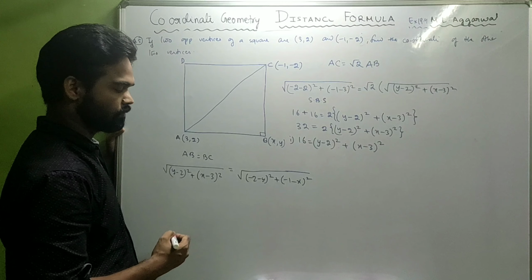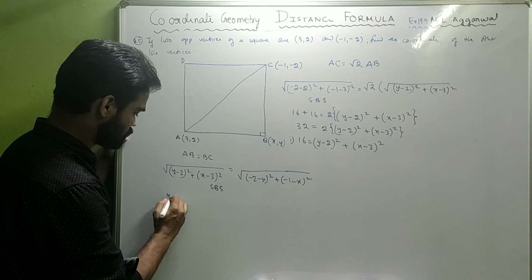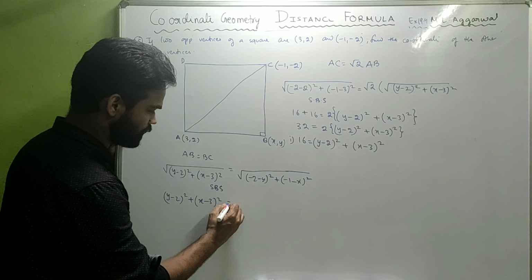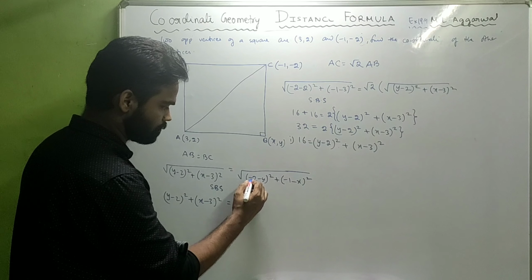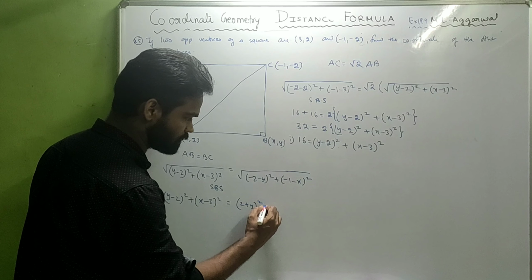See, squaring both sides, what do we get? (y minus 2) whole square plus (x minus 3) whole square is equal to (minus a minus b) whole square. We can write (a plus b) whole square, isn't it?